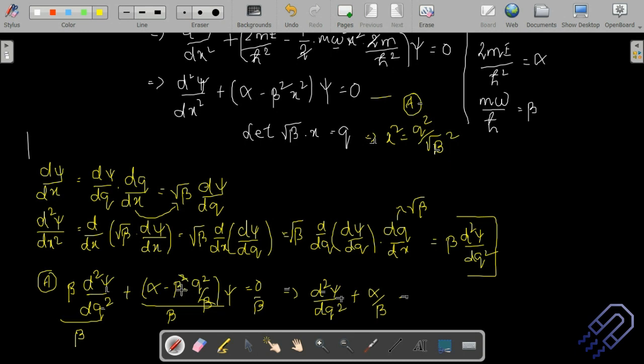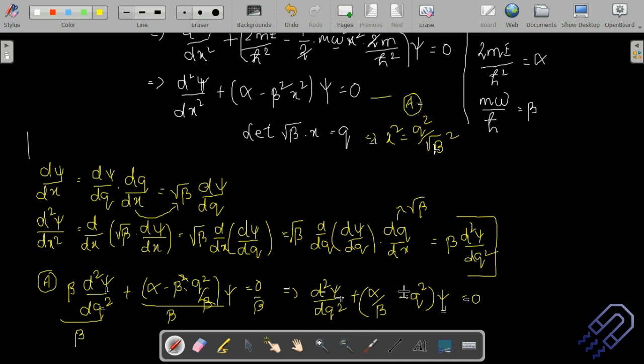I'll be left out with only beta, divided by beta, beta gets cancelled, so it is just q square. Simple maths. So it will be q square. Let's put it inside the bracket, into ψ is equal to 0. Somehow we managed to get only the variable here, and that's actually something which is helpful. And we are going to see, this simplification is important.